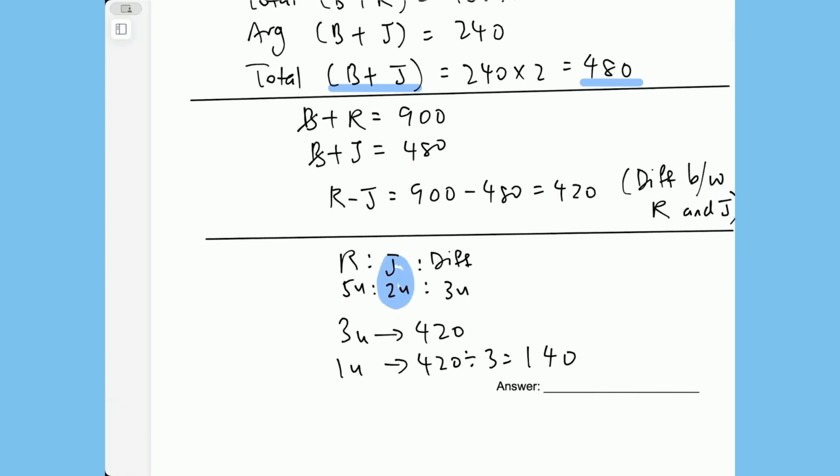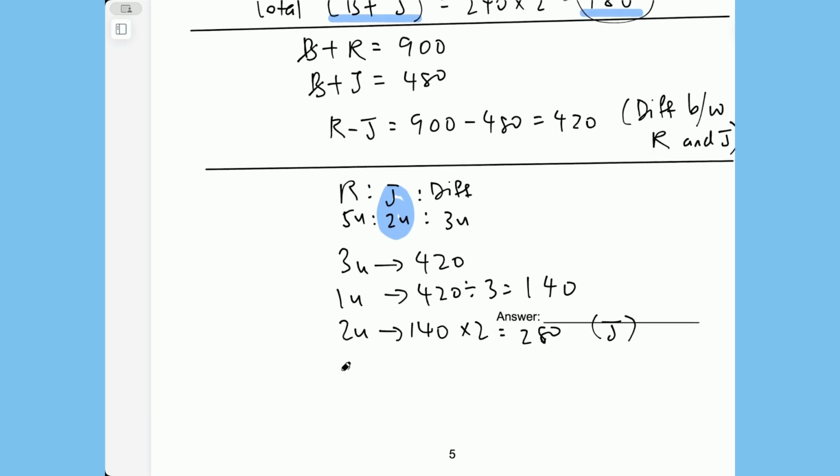Joseph is 2U, so 2U will be 140 times 2, which is 280. This is Joseph. And we know Benson plus Joseph is 480. So to find Benson, we just take 480 minus 280, and that's 200. So this is the amount for Benson.